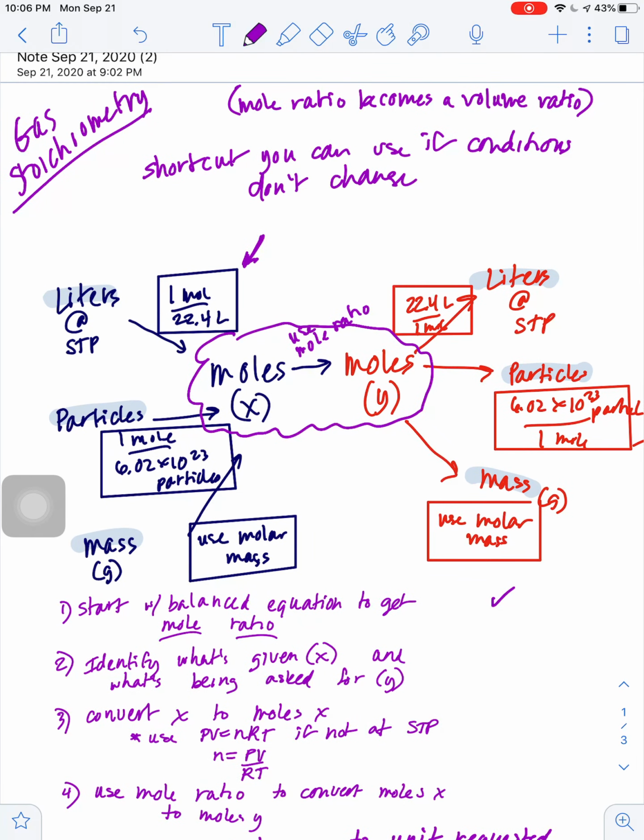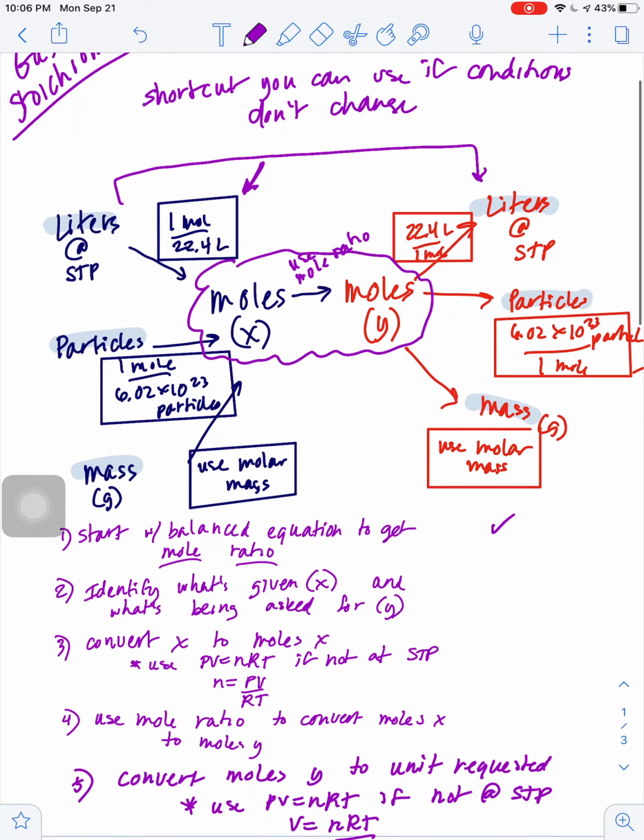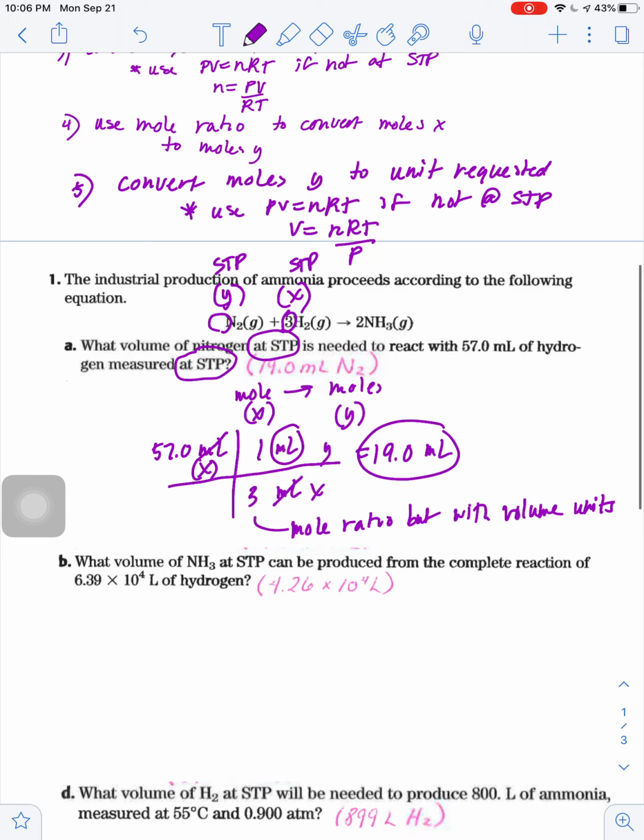Okay, so to review, we have to make a plan, and the plan is going to have to get you from whatever you're at the beginning to whatever you're at the end. So you take the balanced equation and label what's given as X and what's being asked for as Y. The problem said we had 57 milliliters of hydrogen, so that was given.